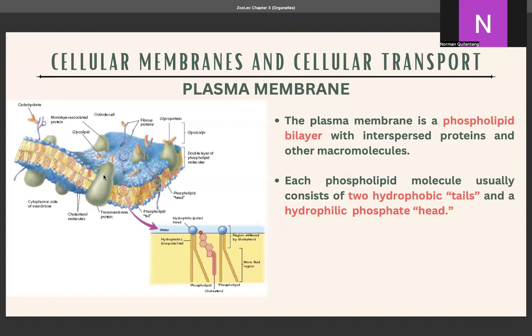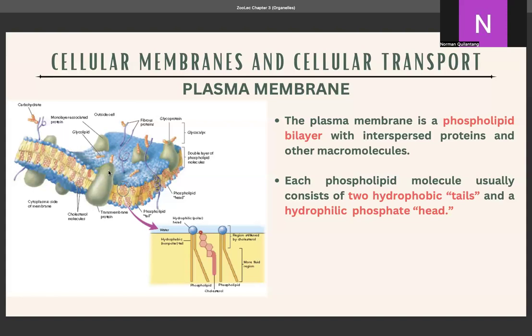Then you also have different proteins that can be used as channels and transporter proteins for the entry and exit of materials. Then you also have sugar molecules embedded in the surface of the plasma membrane. Most of these molecules are important in the recognition and cell signaling processes of a cell.